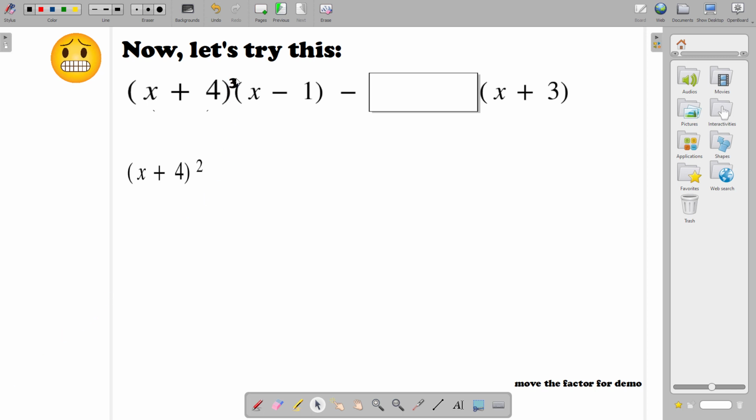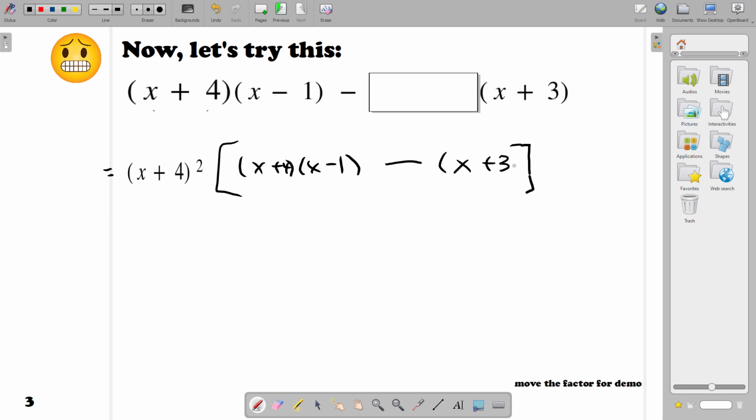Okay, see again, we had it cubed, but if we take 2 of those out, then we are left with 1. So the stuff that's left is x plus 4 times x minus 1 minus x plus 3. So x plus 4 squared.